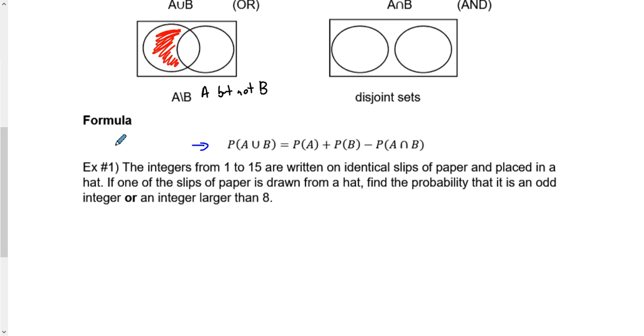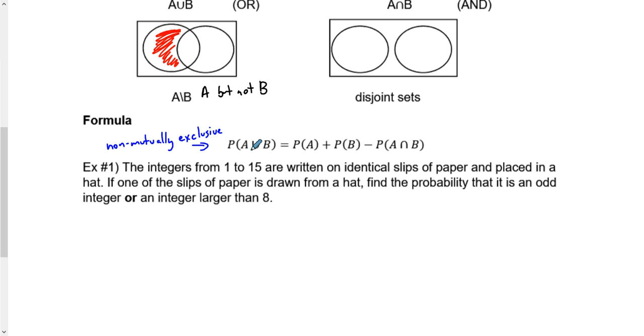All that really means is just that there's some overlap. Because probability, that's what that big P is going to stand for.